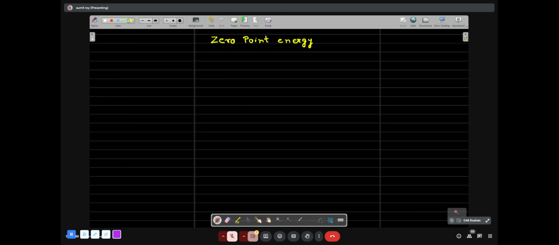Now, what do I mean by zero point energy? What is the energy eigenvalue for the harmonic oscillator? (n plus half) h cut omega, with n starting from 0: 0, 1, 2, and so on. So when n equals 0, you have E0 equals half h cut omega.